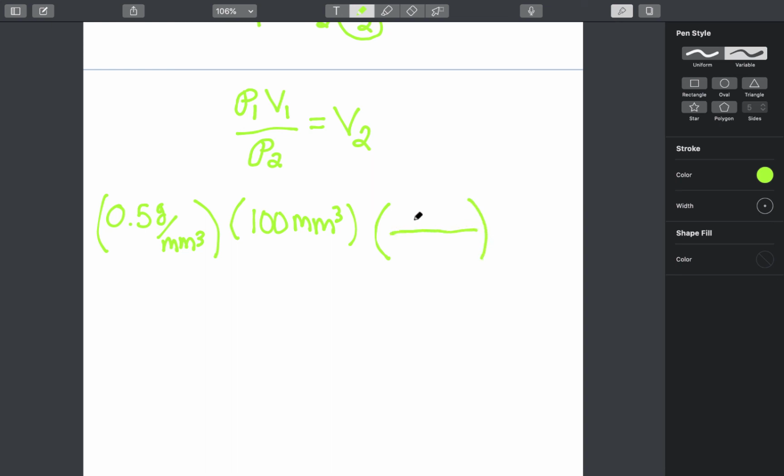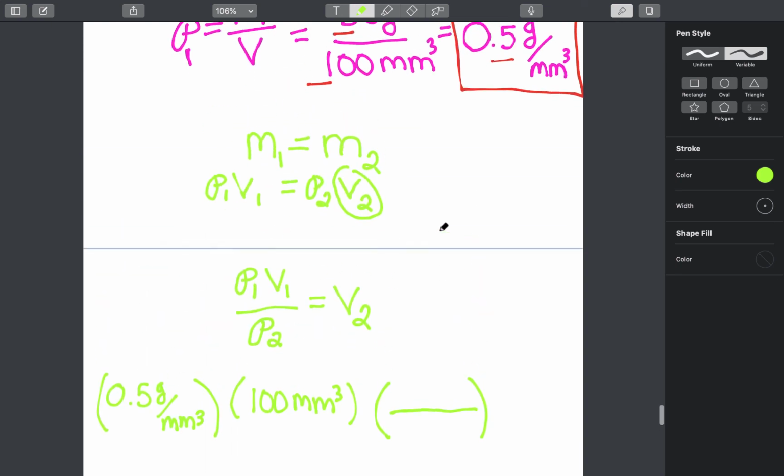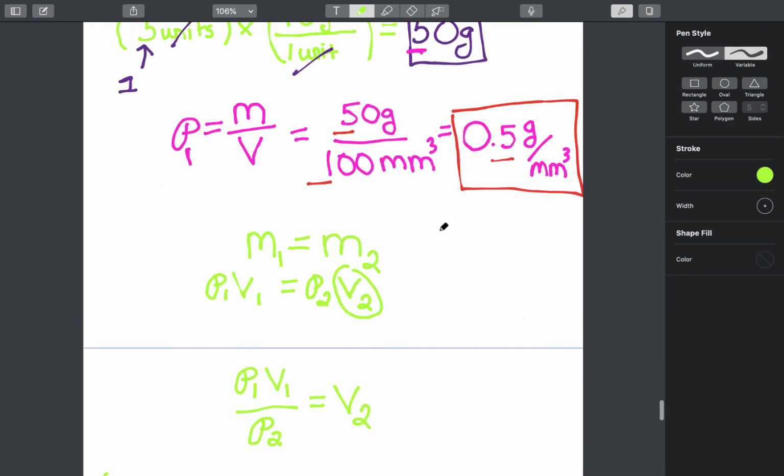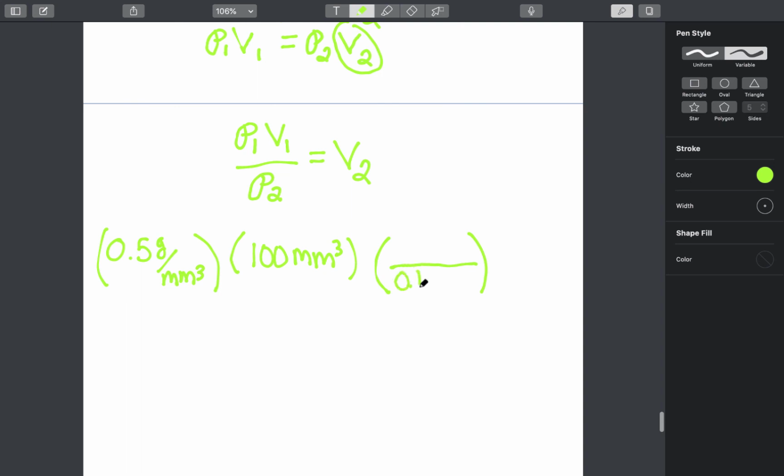And then the second density was 0.1 grams per millimeters cubed. All right. And remember, since we're dividing, we write it this way. So when we multiply all this together, let's remember, keep track of our significant figures. We have 1 here, 1 significant figure, 1 significant figure. So our overall result should have 1 significant figure as well.